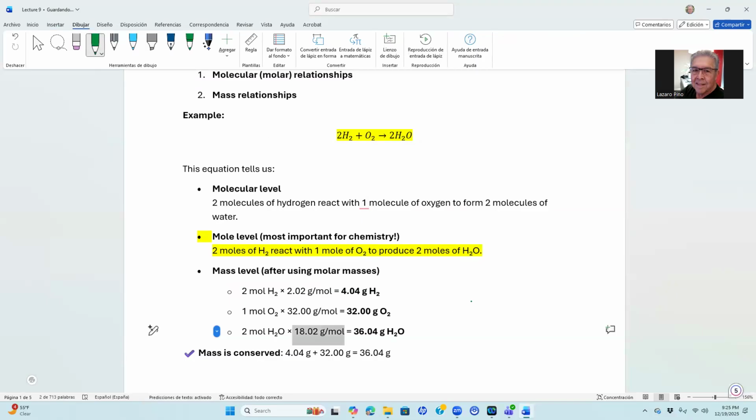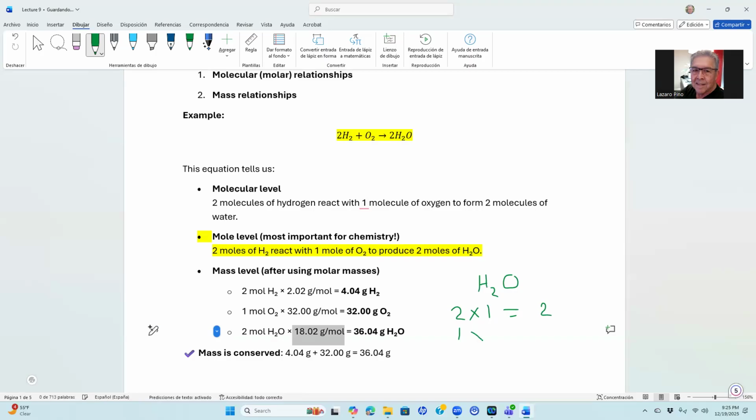Look at this. In H2O, you say 2 atoms of hydrogen, and every atom of hydrogen is 1 gram per mole. So the multiplication is 2.